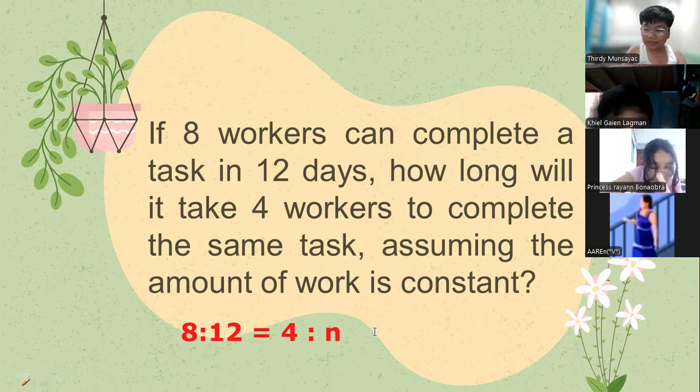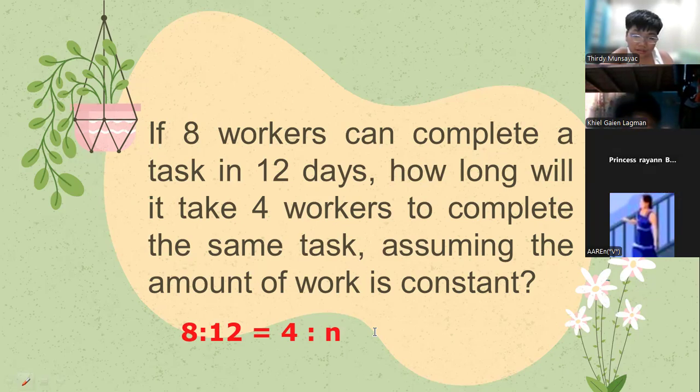Teacher, it's 24 days. No. It's 24. Di ba it's 6 po? Yeah, it's 6. That was my answer as well. Yeah, it is 6 because you just divide 48 by 8.